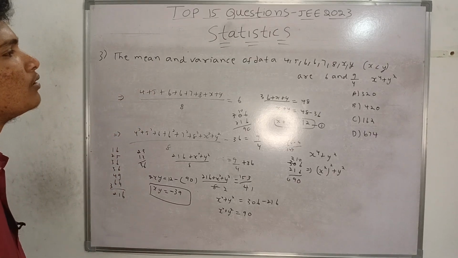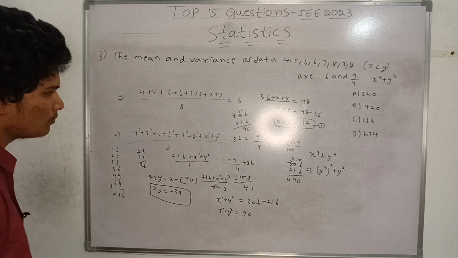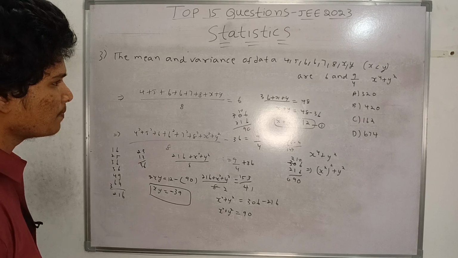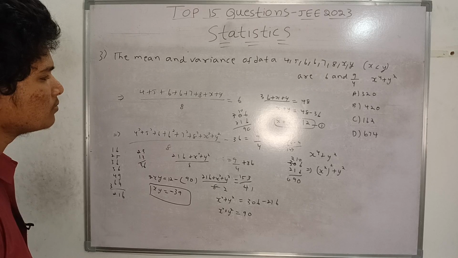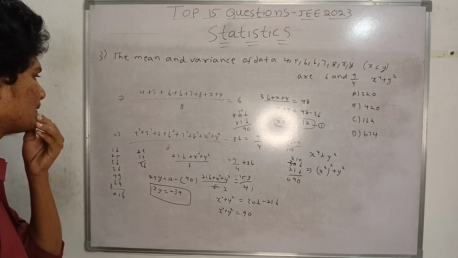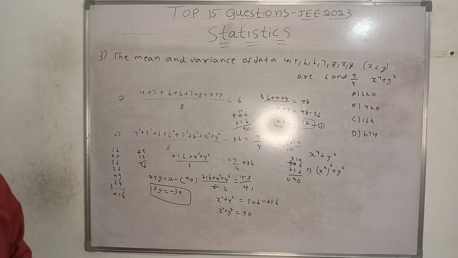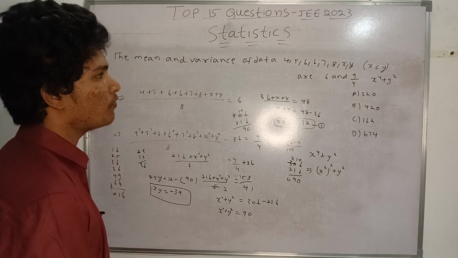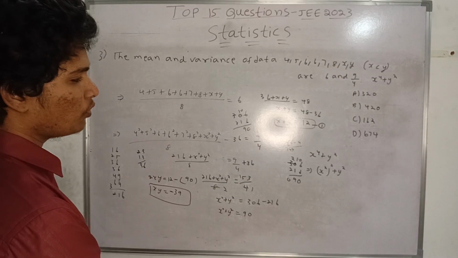How can we solve this? How to do x power 4 plus y square?